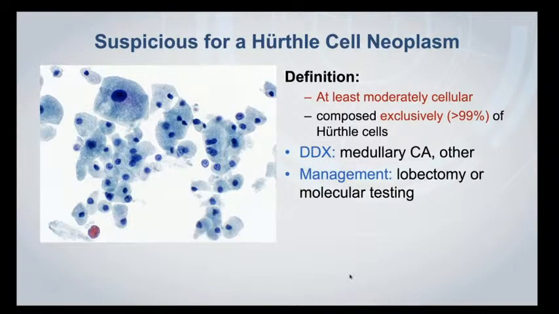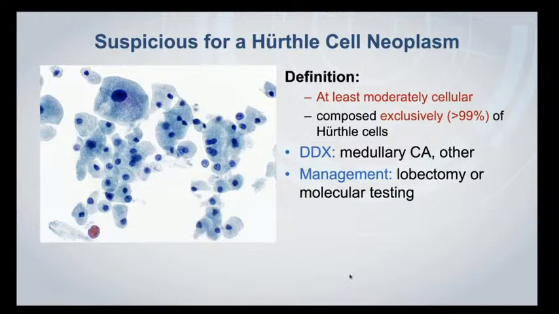And finally, we talked about the Hürthle cell neoplasm or suspicious for Hürthle cell neoplasm. Again, these samples should be at least moderately cellular. You don't use this category for sparsely cellular specimens. Here, however, the sample has to be exclusively Hürthle cells or virtually exclusively Hürthle cells.